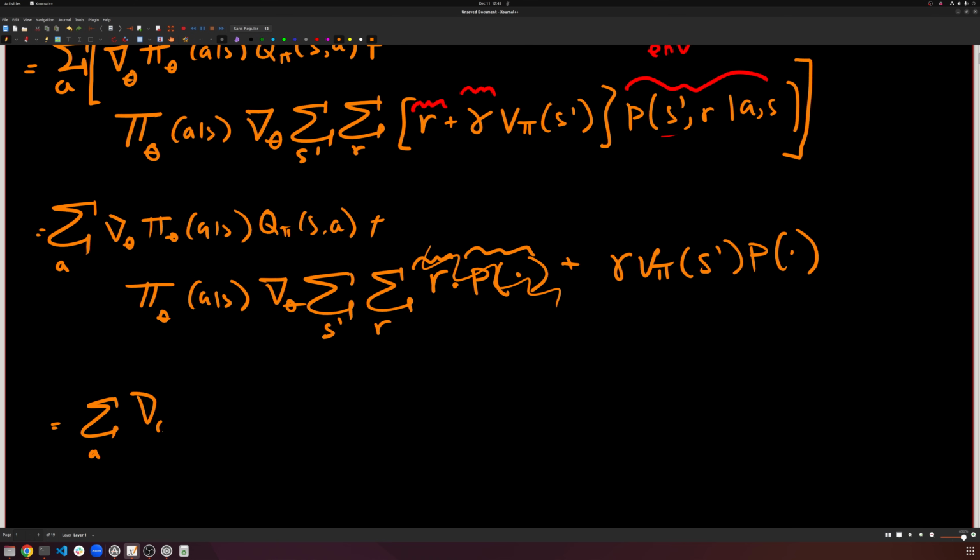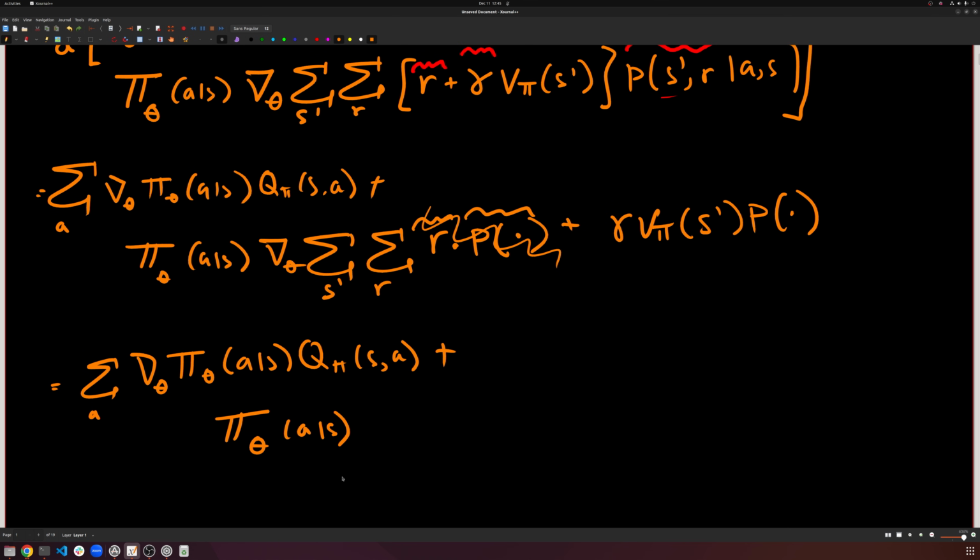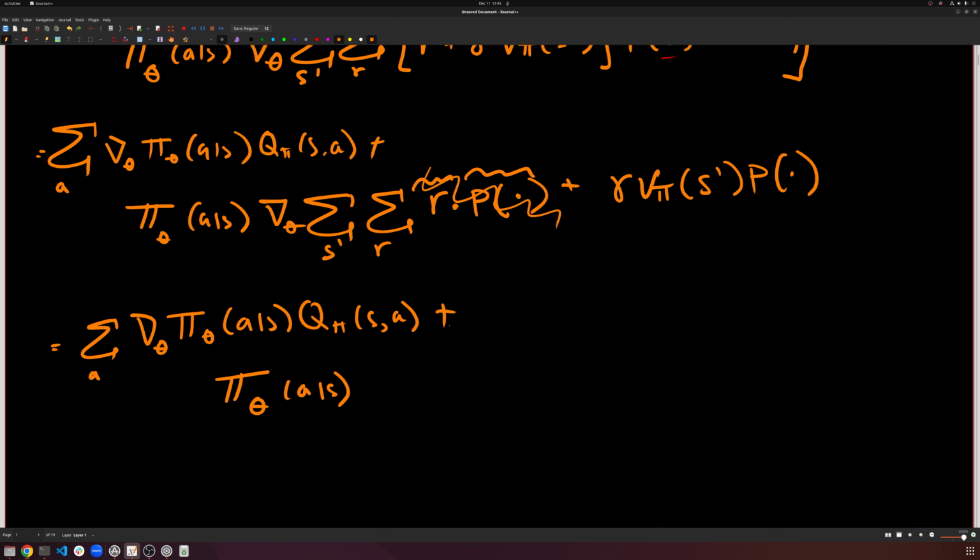over A. We can just rewrite this because it's just dragging along with everything: pi theta A given S, Q pi SA plus, and then the next term, it's going to be pi theta A given S, right? And then the derivative here, let's go ahead and pull the derivative inside.